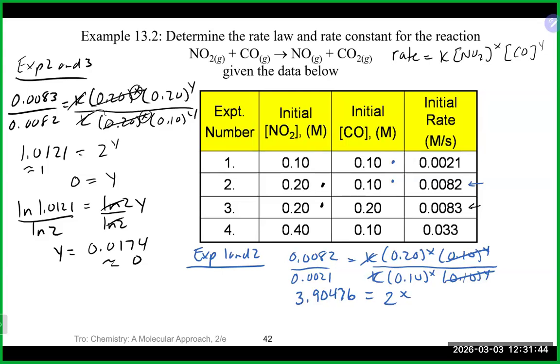So once again here, you can natural log both sides. Take the natural log of the number there equals the natural log of 2, bringing that X to the bottom, and then divide, obviously, back over to the other side. So if you take the natural log of that big number there, 3.90476, you get like 1.36 divided by the natural log of 2.